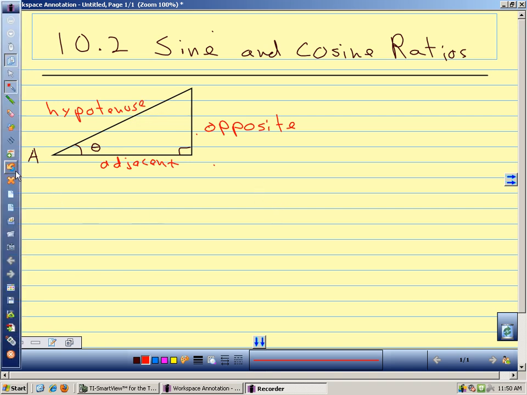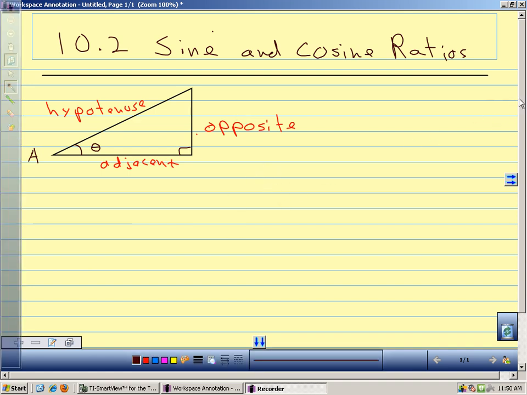So we're going to talk about ratios that have to do with the sides and the hypotenuse. Our tangent had to do with the opposite and the adjacent. Our sines and cosines have to do with the hypotenuse.